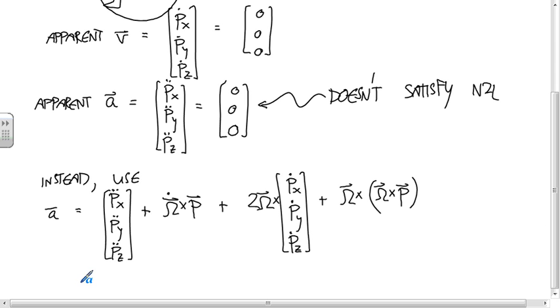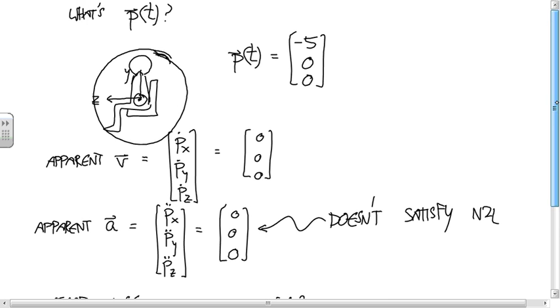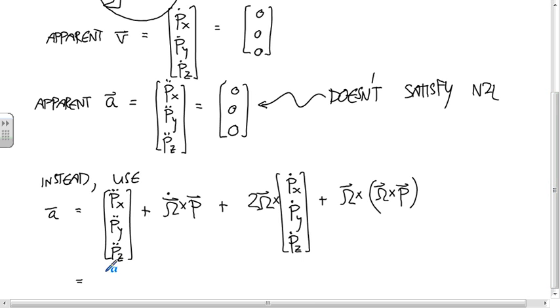For us, in the example that I gave, our apparent acceleration is this, the second derivatives, and we already know that that's all equal to 0. We're talking about a constant angular velocity, so we have 0 vector times p, so that's going to be equal to 0 also. And then we have 2 times the angular velocity of this rotating coordinate system, which is 0, 2, 0.